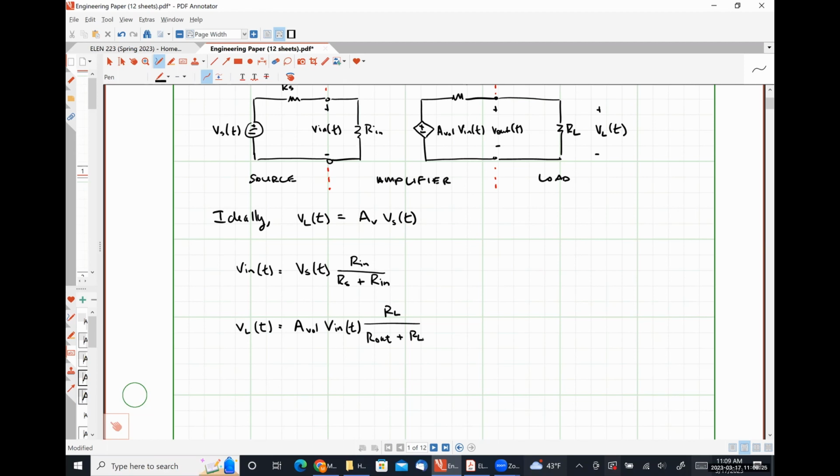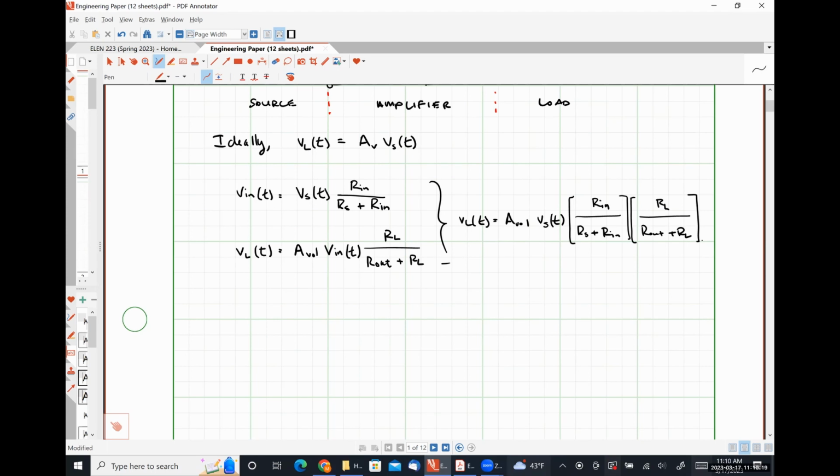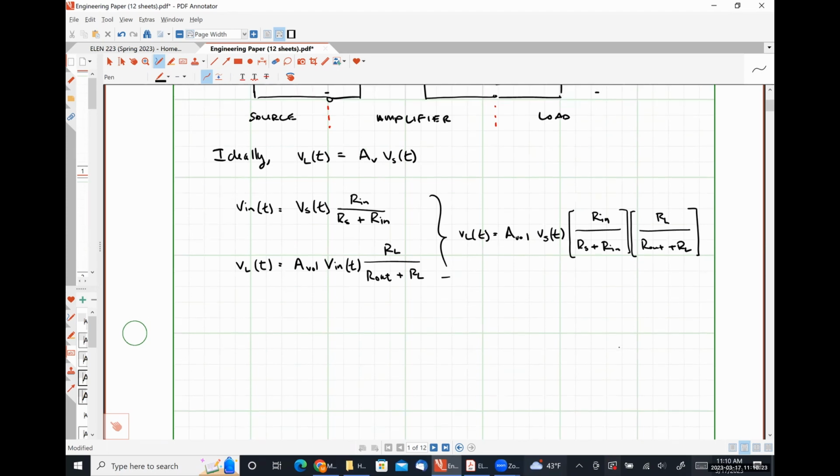And now I'm going to smash these equations together because that's going to give me VL in terms of VS. So if I put these two results together, VL of t is going to equal AVOL, our voltage gain, times VN, where VN is VS of t times RN over RS plus RN, times RL over R out plus RL.